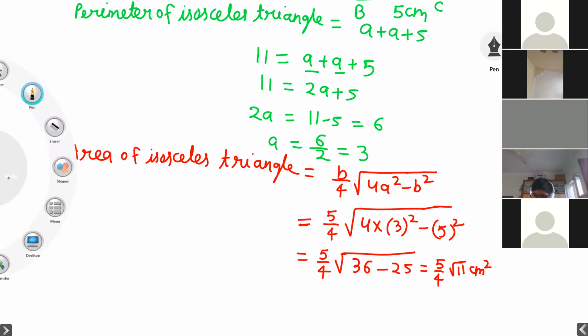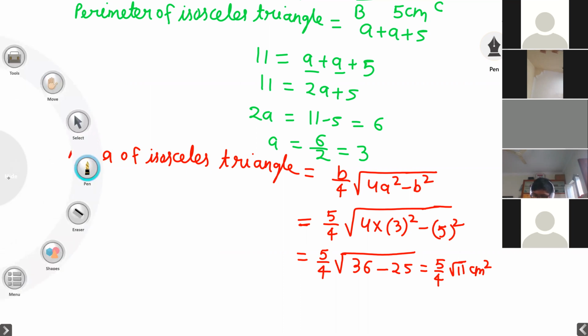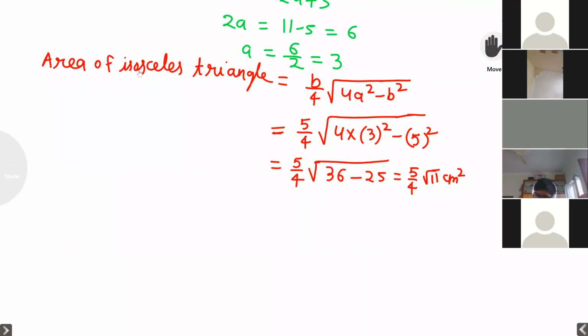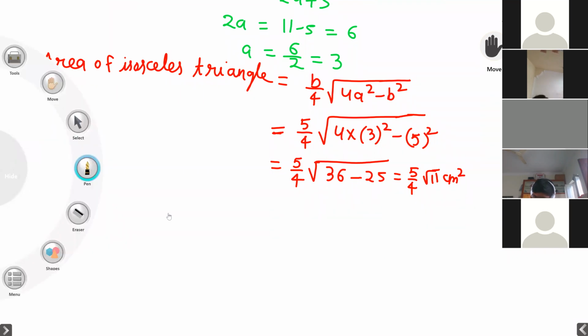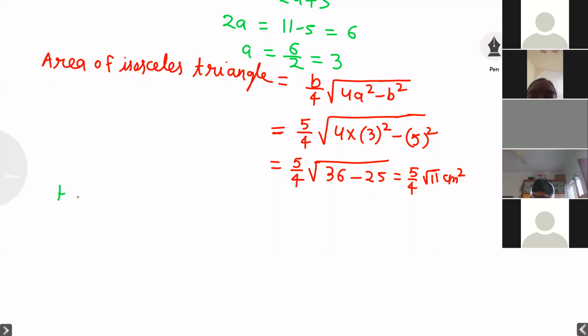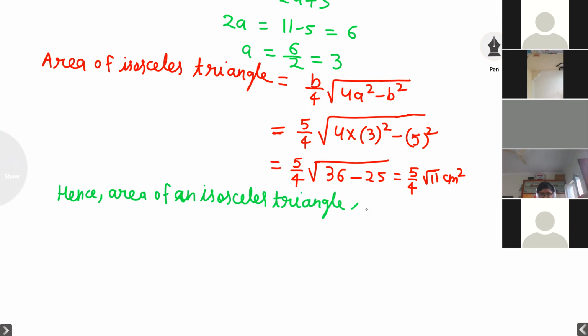Hence, the area of the isosceles triangle is 5 by 4 square root of 11 centimeter square, or square centimeter.